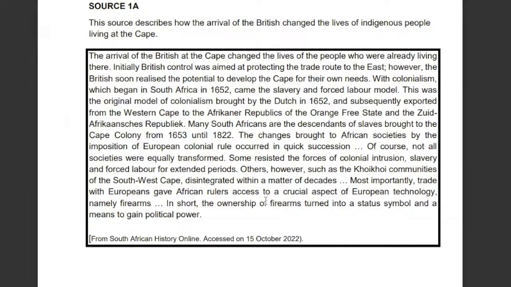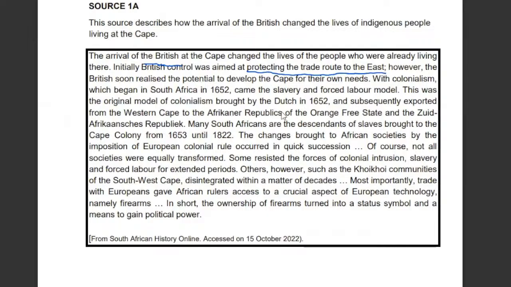If we check in our source, the first part talks about the arrival of the British at the Cape. The arrival of the British at the Cape changed the lives of the people who were already living there. Initially, British control was aimed at protecting the trade route to the east.